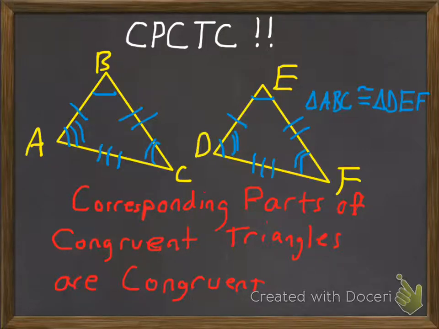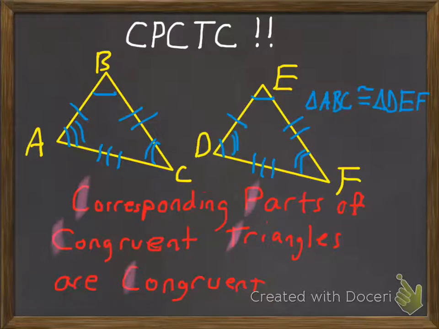All right, and then the CPCTC is just the first word in each of these larger words in this acronym. Corresponding parts of congruent triangles are congruent. So anytime you see CPCTC, you need to know that it means corresponding parts of congruent triangles are congruent.